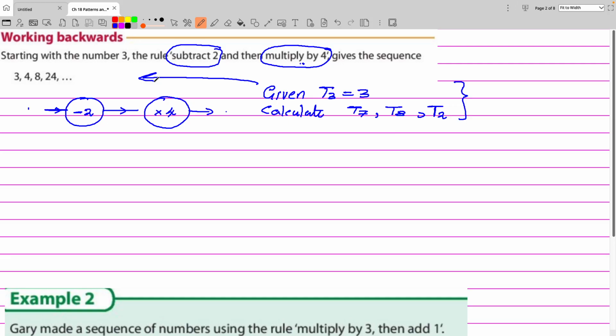I'm drawing another line, I'm putting an arrow on the line because this is the order that we are doing it in. And then the next circle, and there's the English for that circle, and the mathematics for that circle is multiply by 4. And then at the other end, you have an arrow. The beginning is called the input, and the end is called the output.